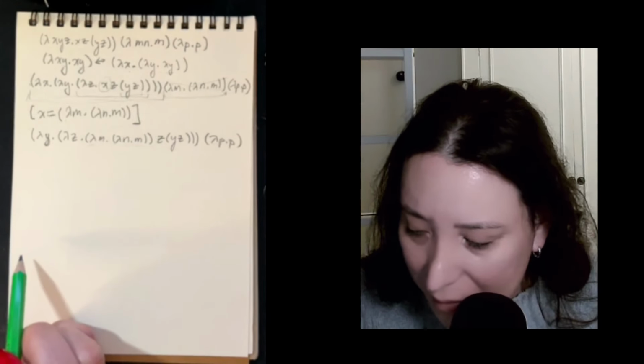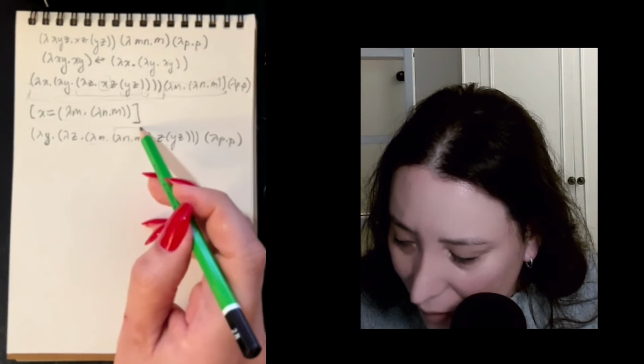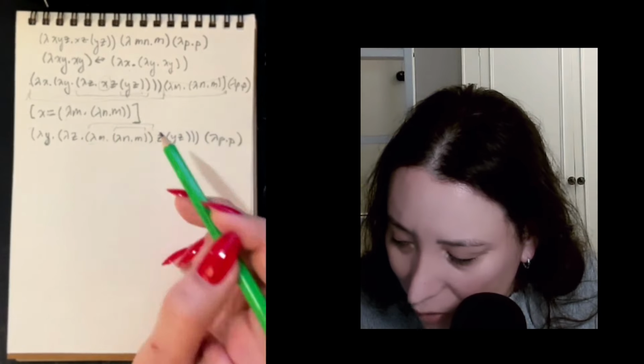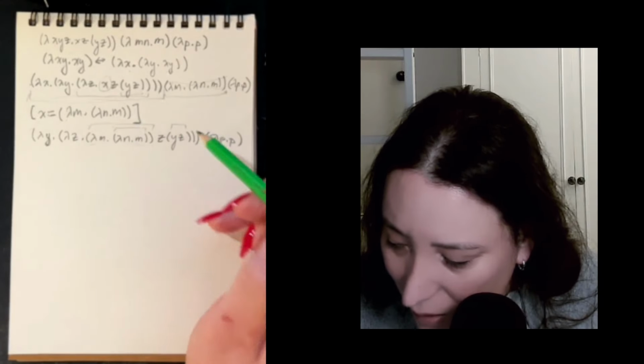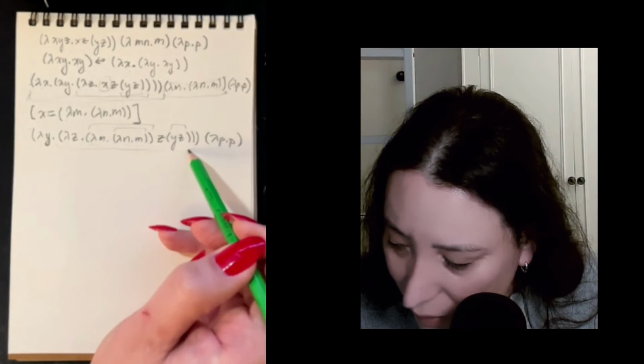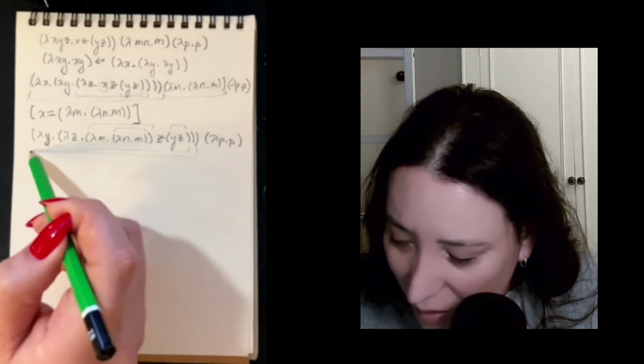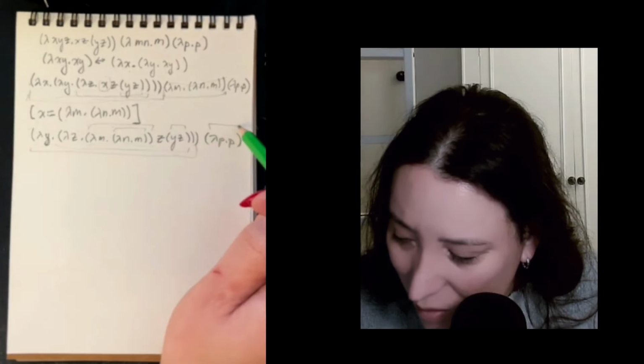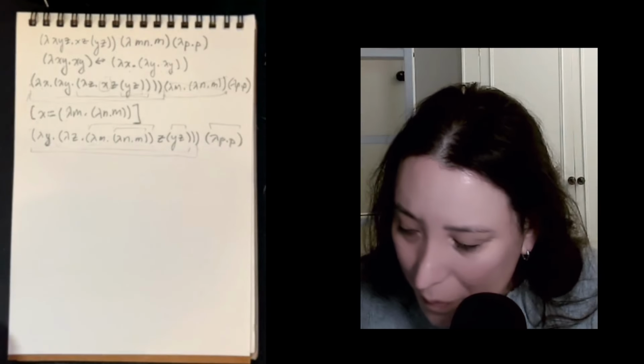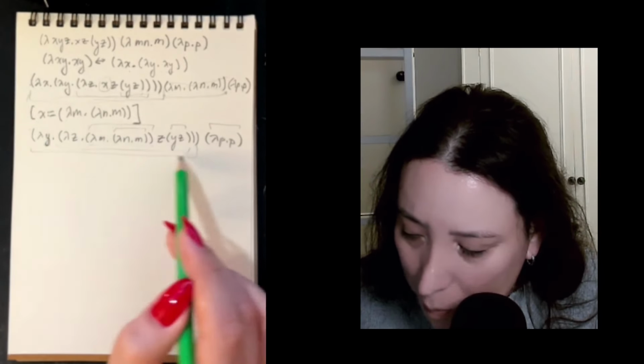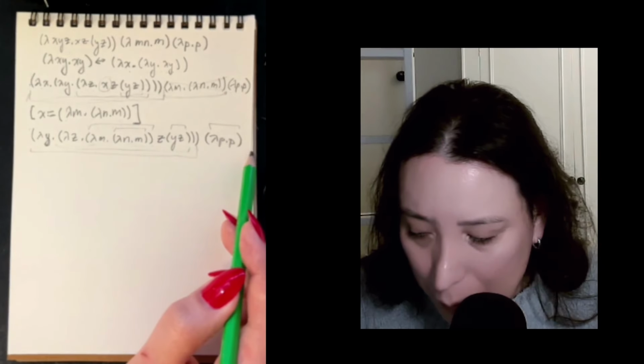So that's what we have. It's probably good to check that we still have matching parens, because if you screw it up, which I do often, you end up with the wrong answer, obviously. Okay, so we have this one big expression and we have this as a parameter.